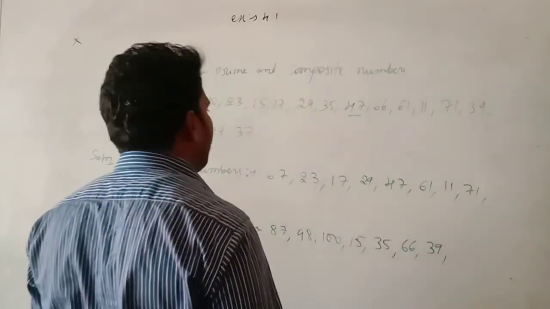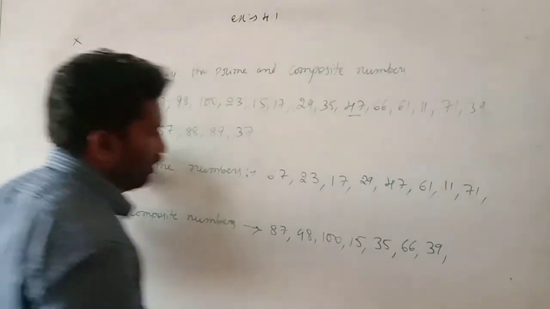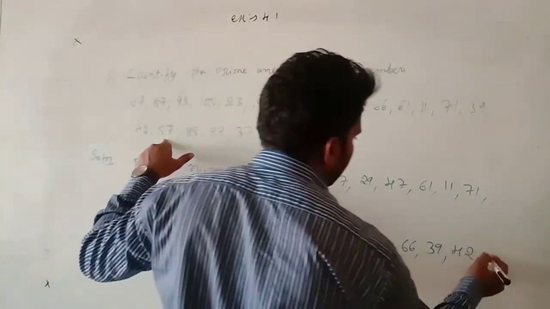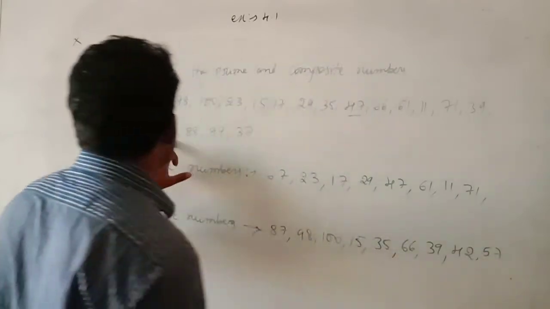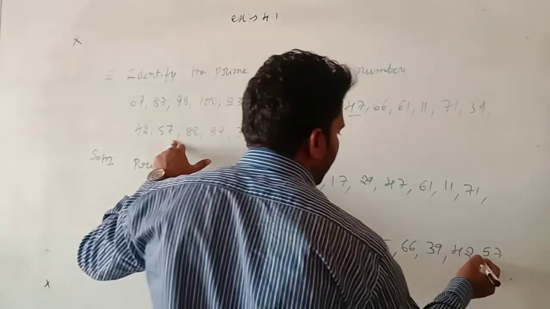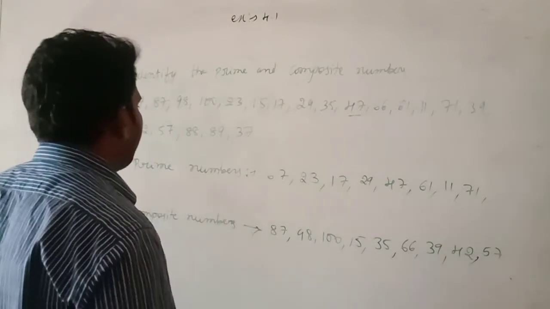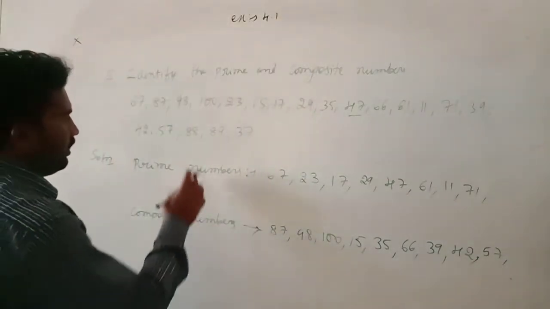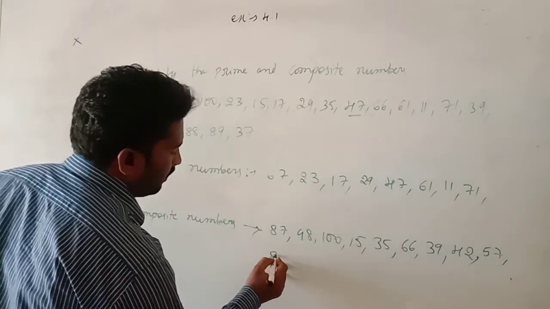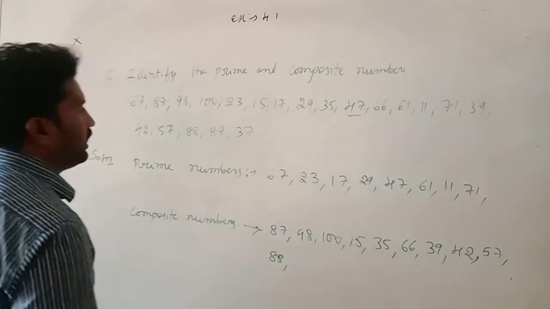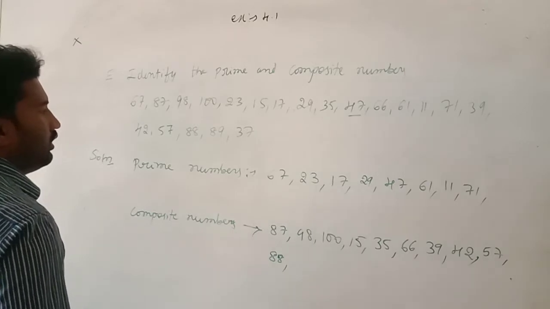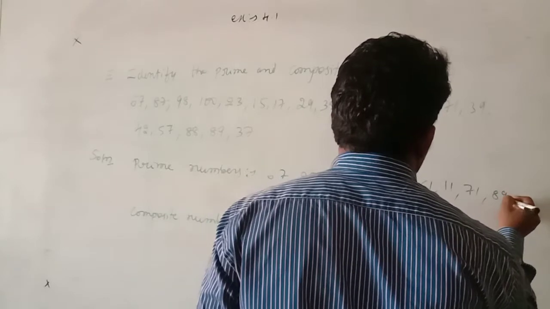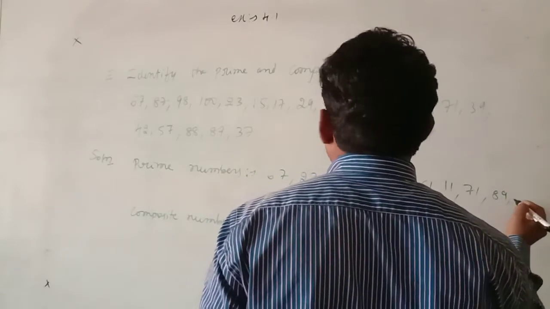It is composite. 42 composite. 57 composite because 5 plus 7 is 12. It will divide by 3. 88 is composite. 89, so it is prime. And 37 also prime.